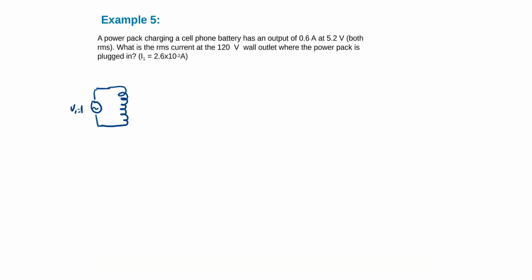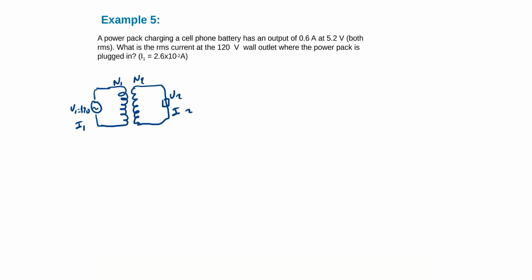V1 is 120 here. That's how we represent the transformers. And we are charging a cell phone here. So we will have V1, I1, N1, N2, V2, I2.